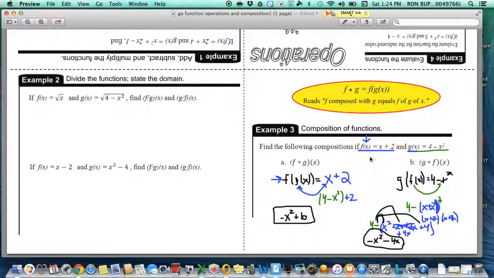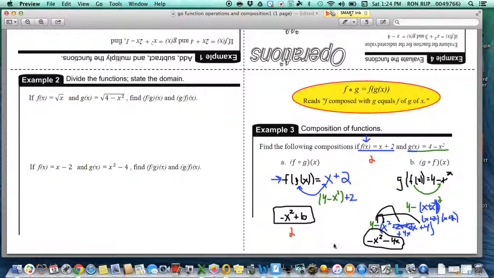In the first example, f of g of x, I take 2 and plug it into g of x. 2 squared is 4, 4 minus 4 is 0. Now I take that answer and plug it into f of x. 0 plus 2 is 2. So when I use 2, f of g of x should equal 2. Let's plug it in. 2 squared is 4, negative 4 plus 6 is 2.